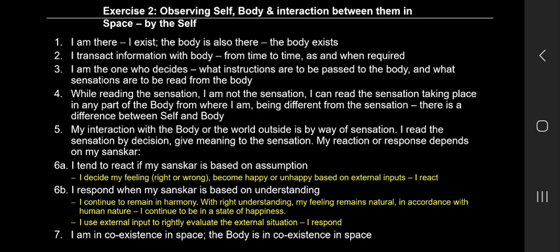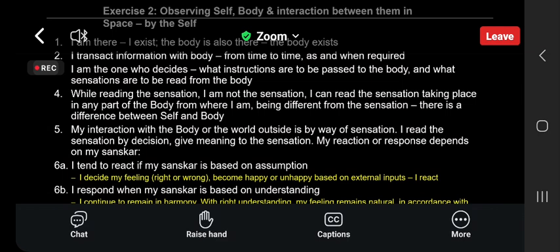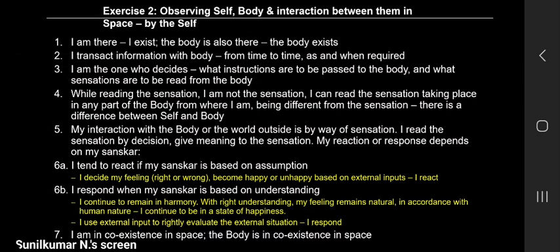In the state of pure observer, I can see this coexistence. I can see space directly. I can see all my activities.